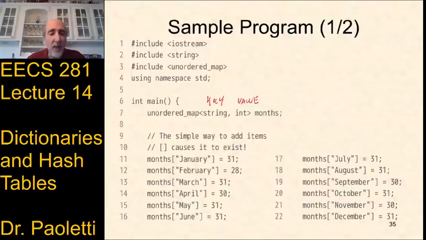Now, when I want things to be added to my hash table, the simplest way to do it is square brackets. Because unordered map is a class, it has overloaded operator square brackets. Operator square brackets has one restriction: it is only allowed to have one parameter. But there's no restrictions on type.